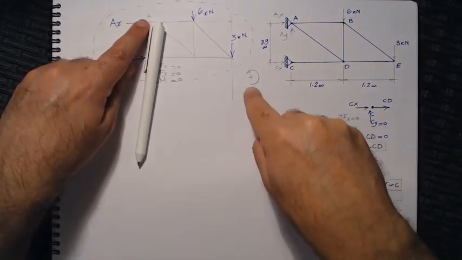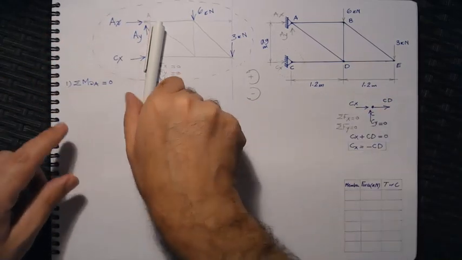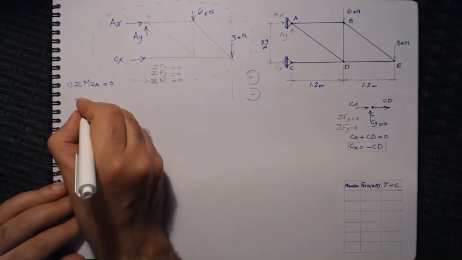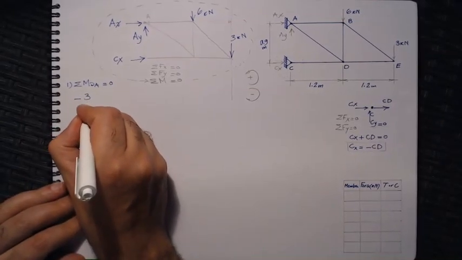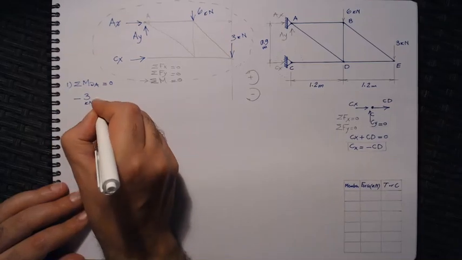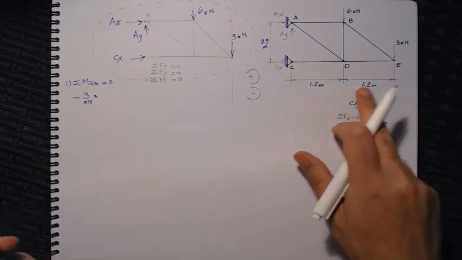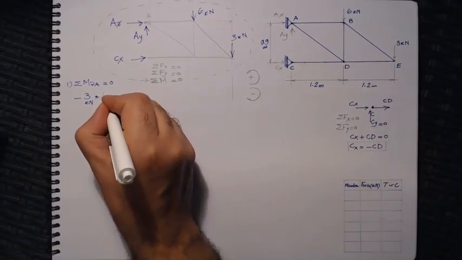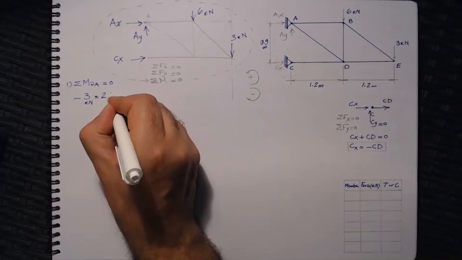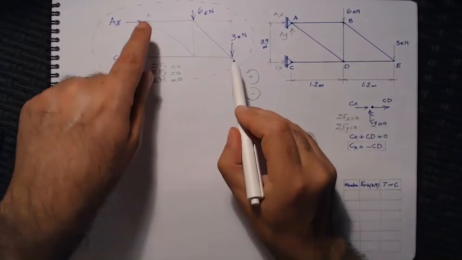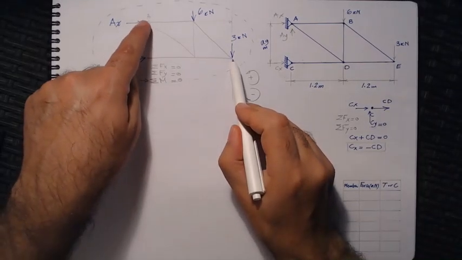This is clockwise. That's why it's negative. So I will start with negative 3 kilonewton multiplied by 2.4. This is in meters. And that's pretty much the moment of 3 kilonewton about A.